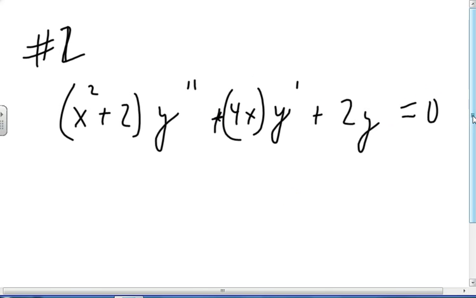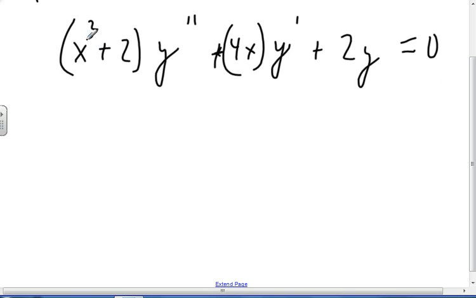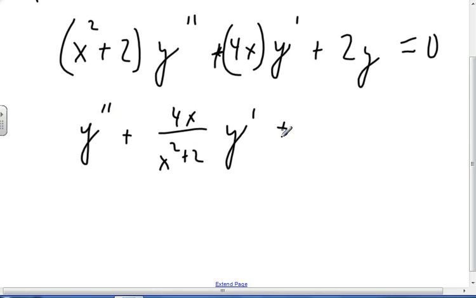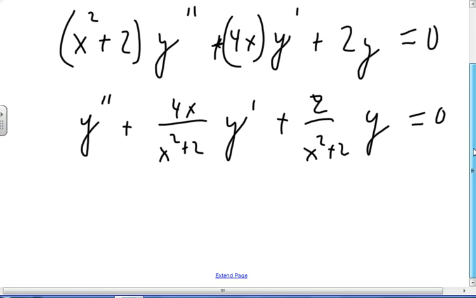And if I look to see if x is equal to 0 is an ordinary point, we would put that in the form y double prime plus 4x divided by x squared plus 2 y prime plus 2 over x squared plus 2 y is equal to 0. And we'd say, well, at 0 that's analytic, and at 0 that's analytic. So x is equal to 0 is an ordinary point, so I can continue using the methods that I'm using to solve this particular equation.